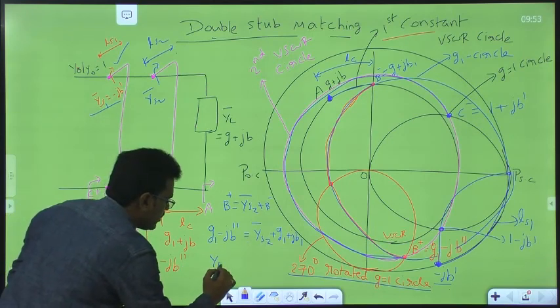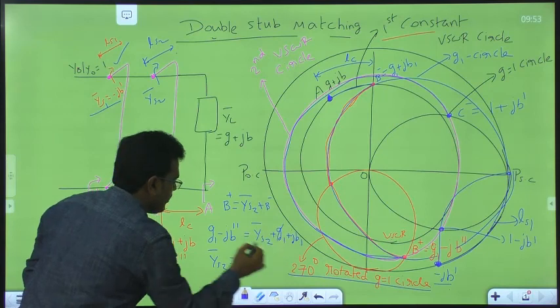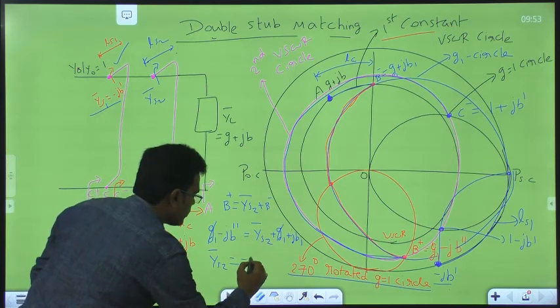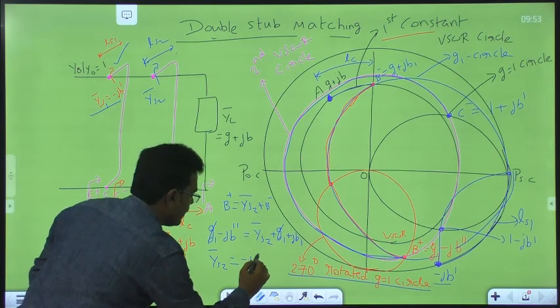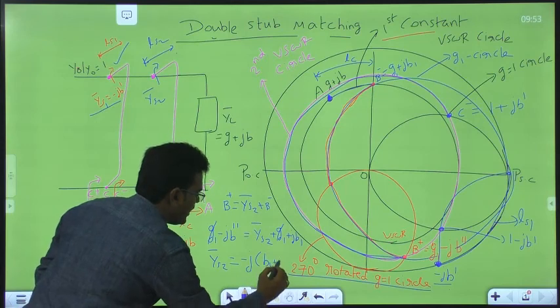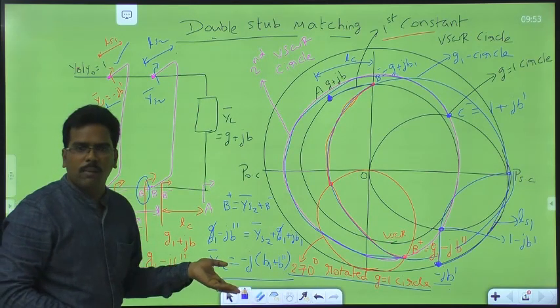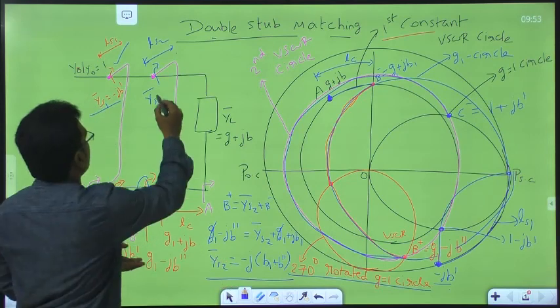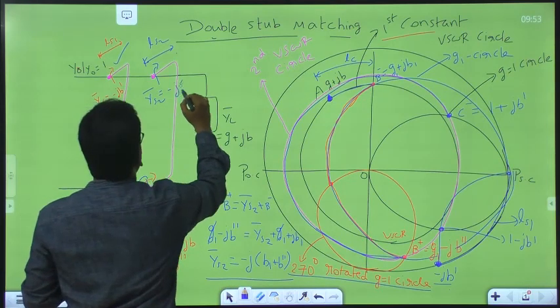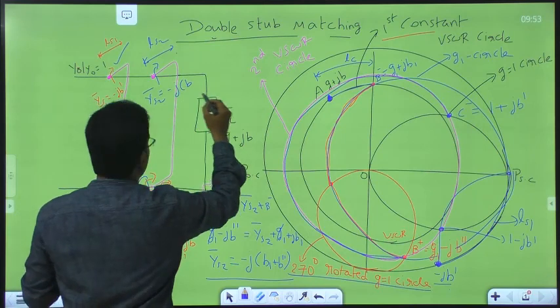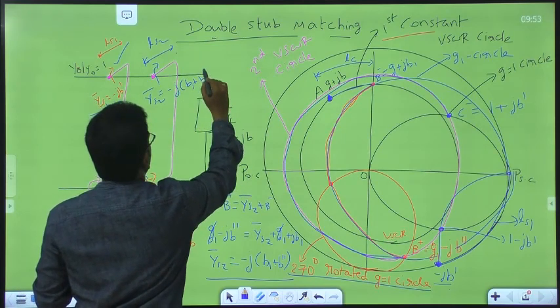So YS2 bar is equal to, G1 gets cancelled, minus j times B1 plus B double dash, taking it common. This is the normalized step admittance 2, minus j of B1 plus B double dash.